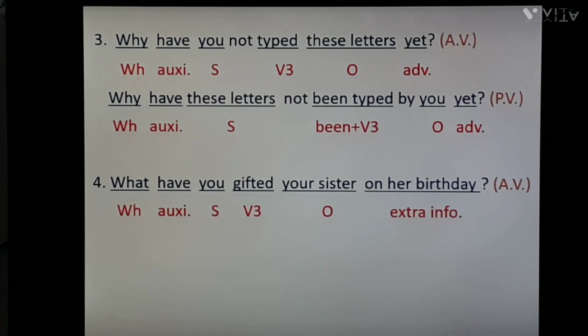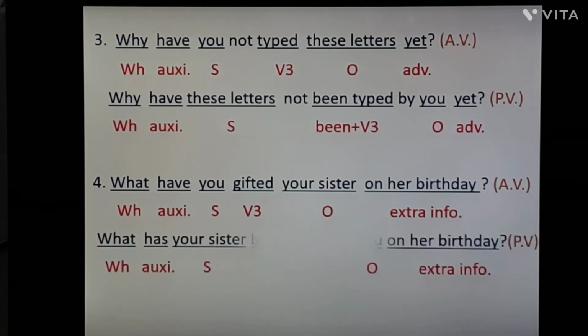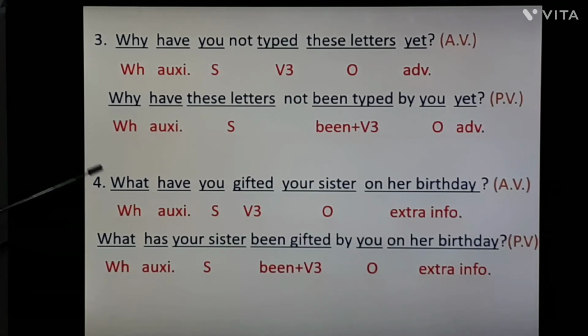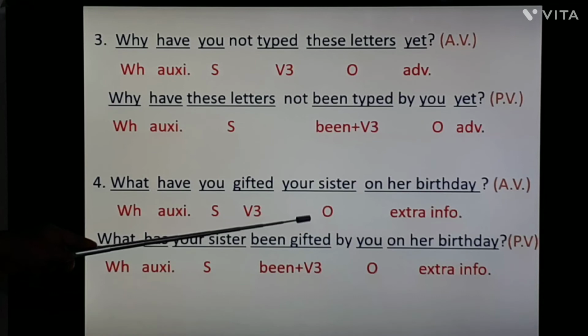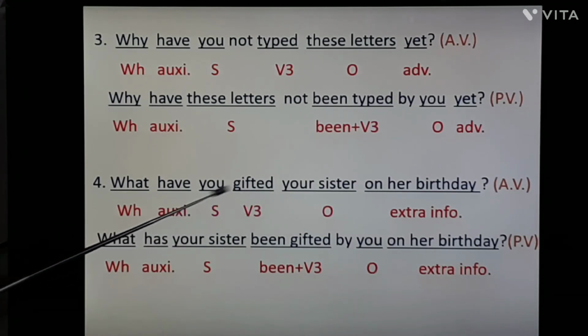Now we will turn this to passive. What? The same thing you have to write. Then where is the object? Here. Your sister, that is an object in active voice. So that will come in the beginning here in passive voice. So according to that you have to put the appropriate auxiliary verb before that.